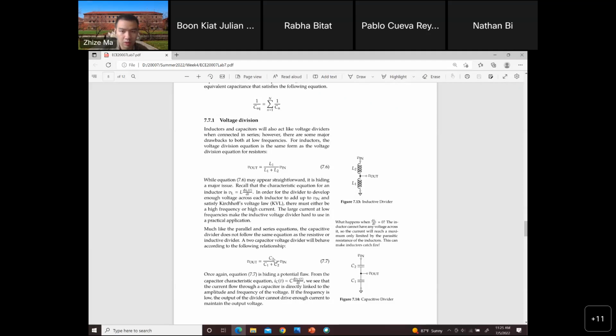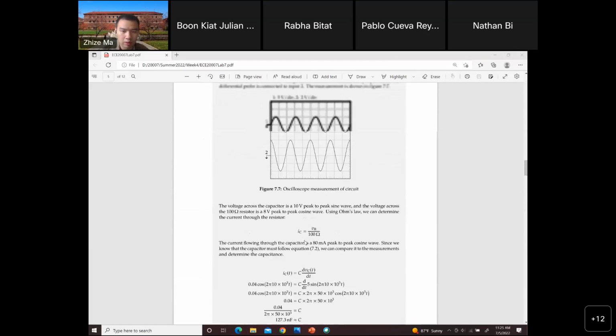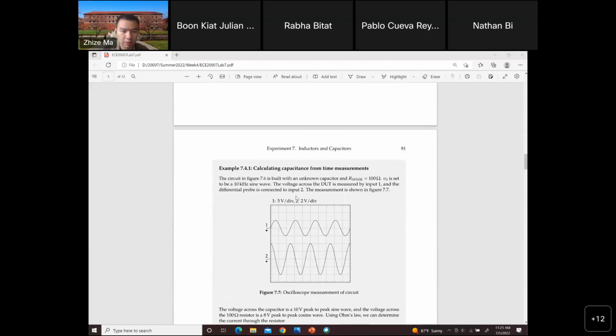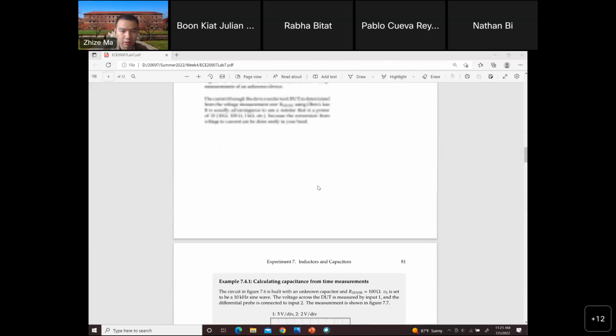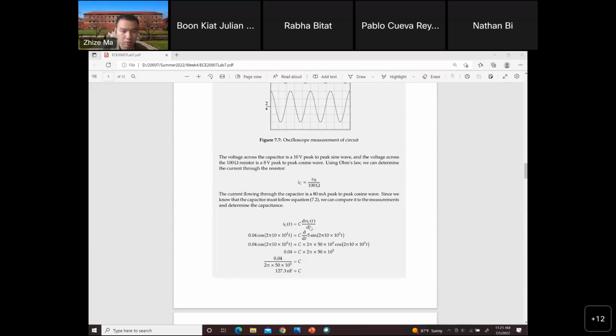The top component right here, which is C2, is at the top of the equation. Make sure you remember this for the voltage division circuit. This example is a very good example for the capacitance and inductance calculation. Make sure you go through this example before the pre-lab and also the lab experiments.